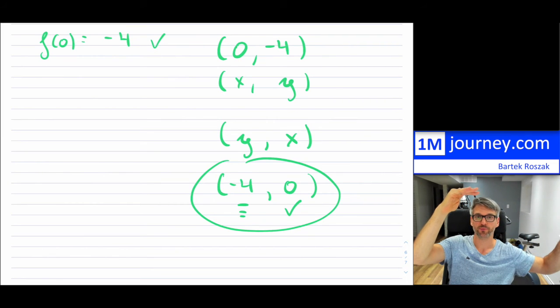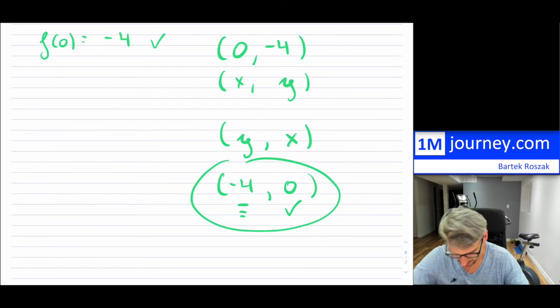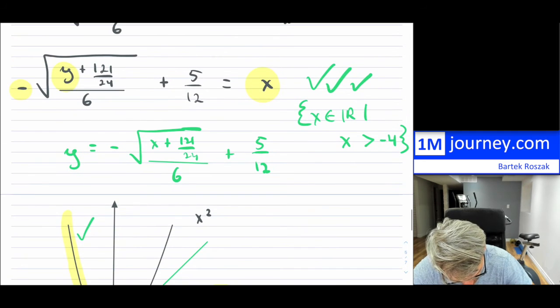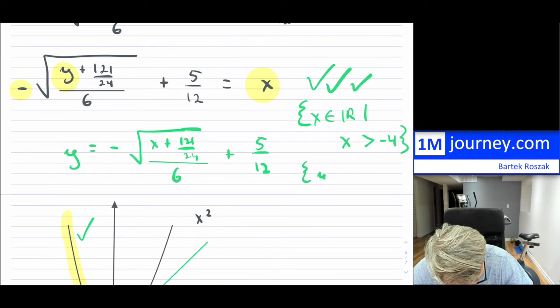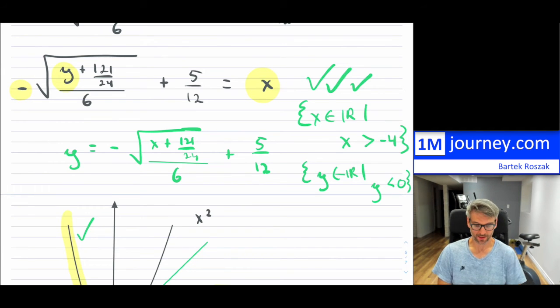So my range within here is going to be y, and that's going to be restricted. It's going to be less than 0. So that's what we're going to have.